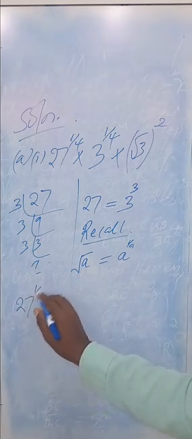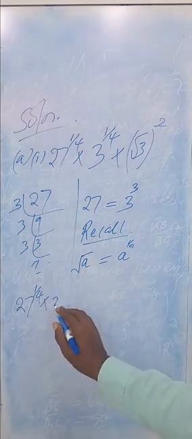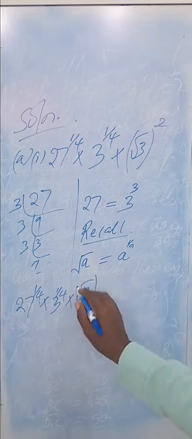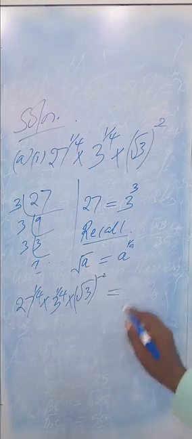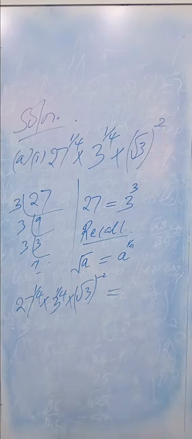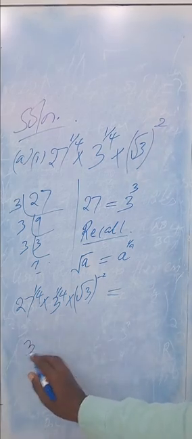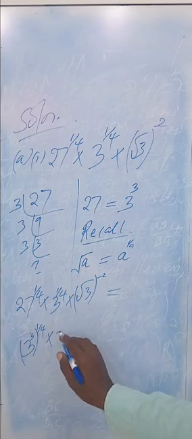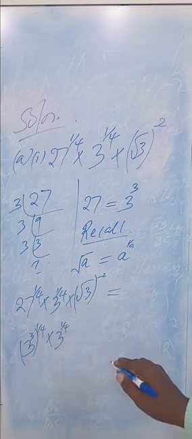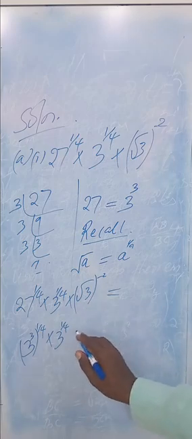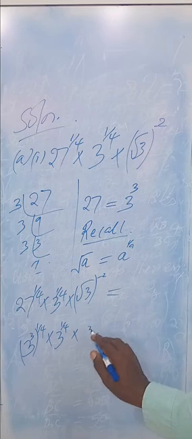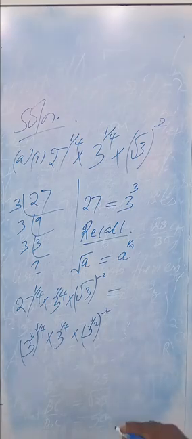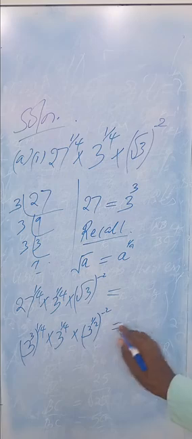Therefore, 27 raised to power 1 over 4 times 3 to 1 over 4 times root of 3 to the bracket negative 2 will be equal to 3 power 3 into bracket 1 over 4, times 3 to 1 over 4, times 3 power half into the bracket negative 2.